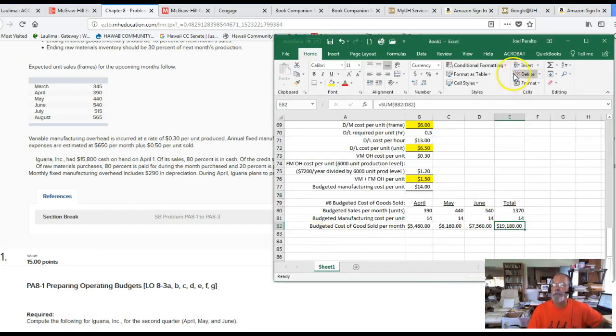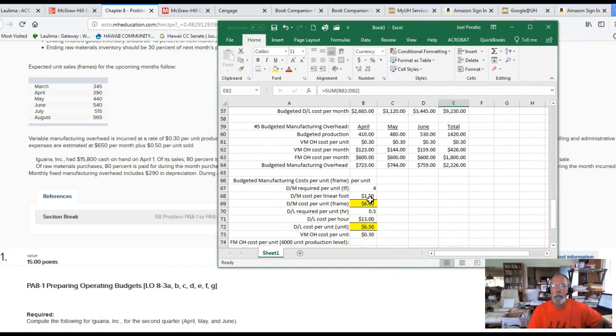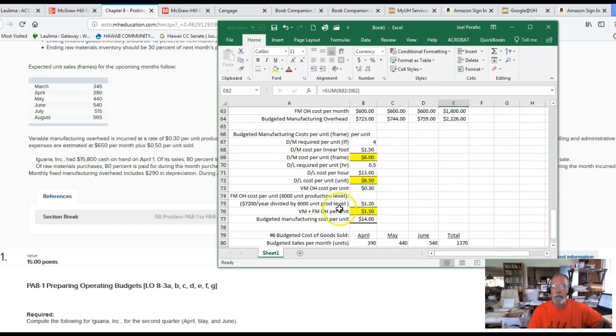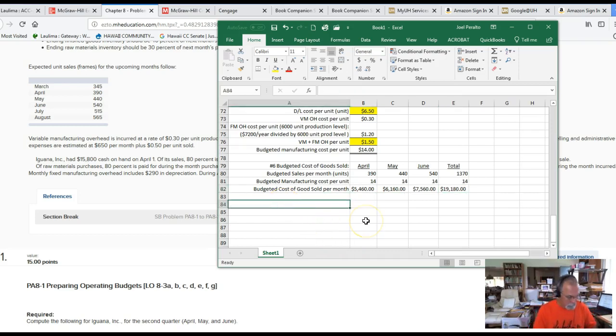Okay. Budgeted selling and admin expenses.